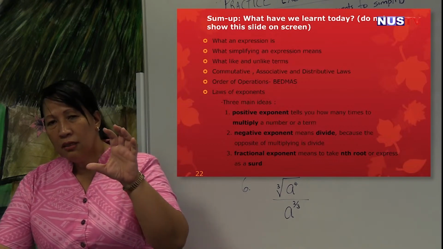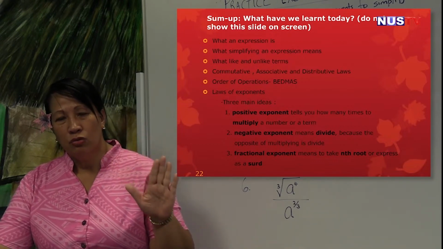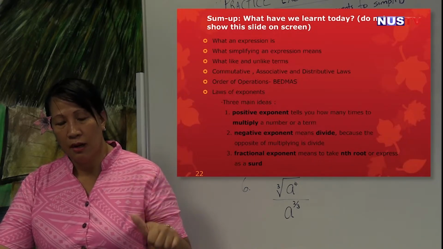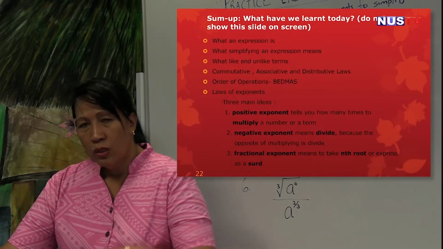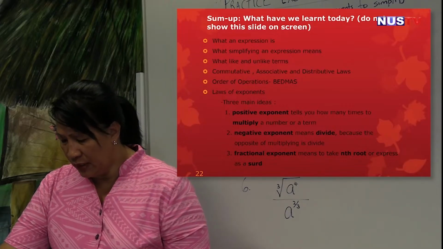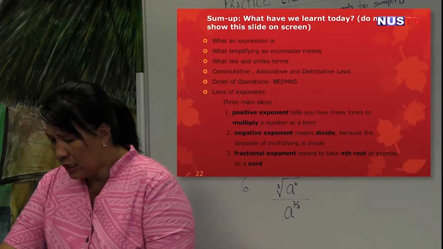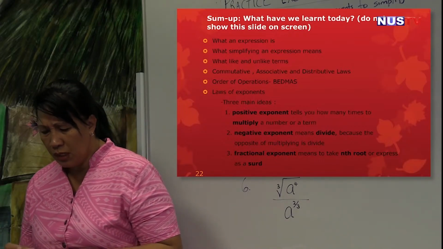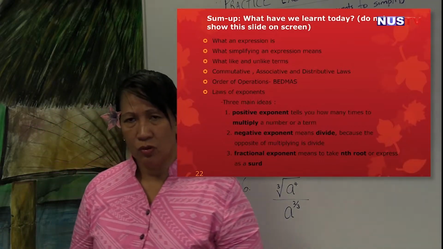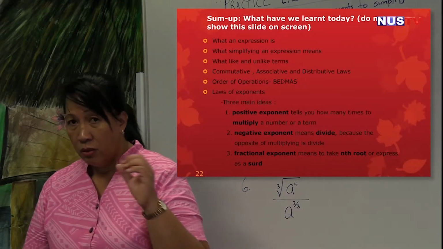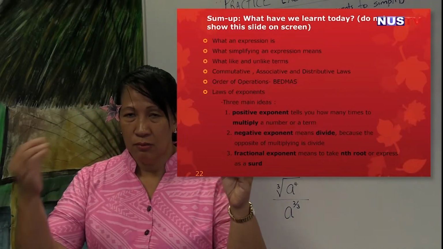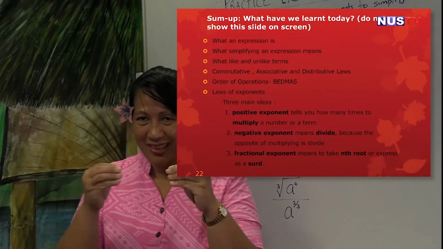Now, 3 main ideas I want you to take away from today's revision on laws of exponents are: when the exponent is positive, it tells you how many times you need to multiply a term or a variable. Note the connection here: positive exponent, multiplication. Okay?